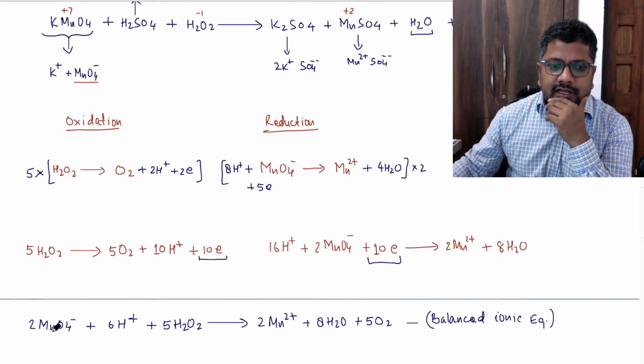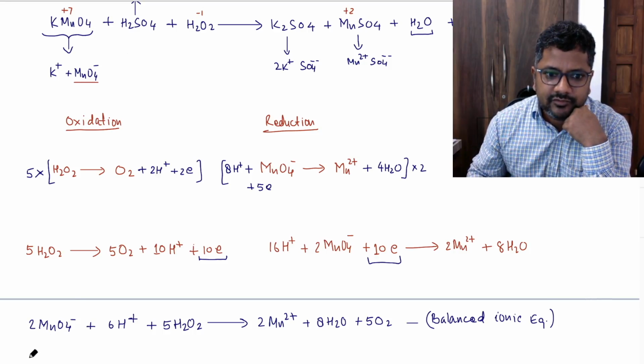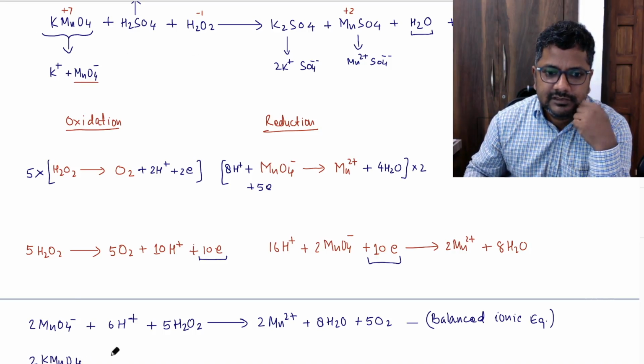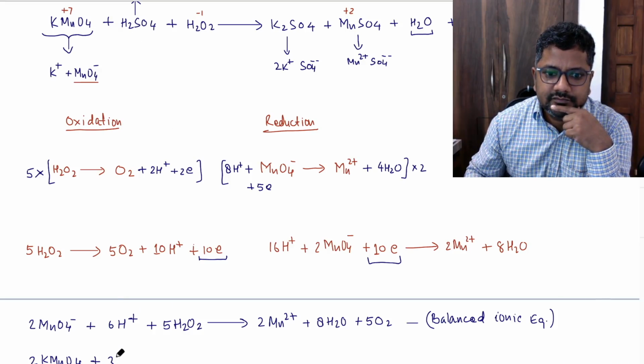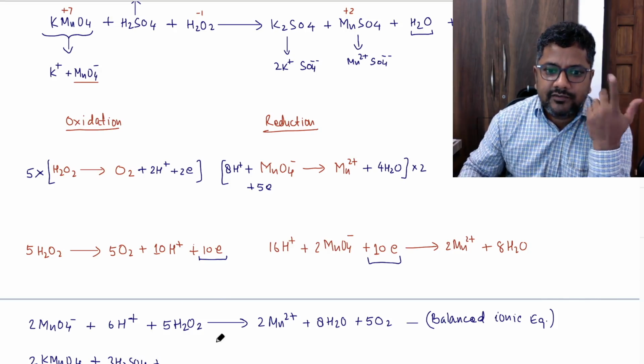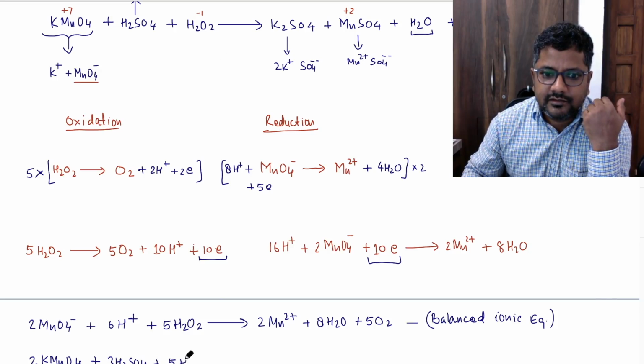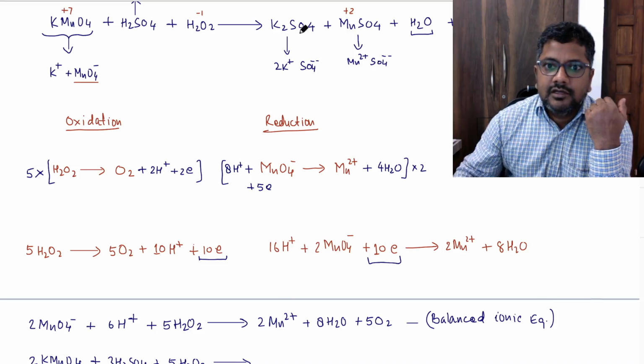Now if you want, you can transform this. The MnO4 coefficient is 2, so you can write 2 KMnO4 plus, for the 6 H plus, 3 H2SO4, plus 5 H2O2 as it is, gives K2SO4.